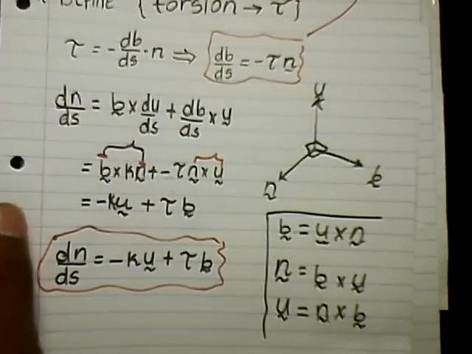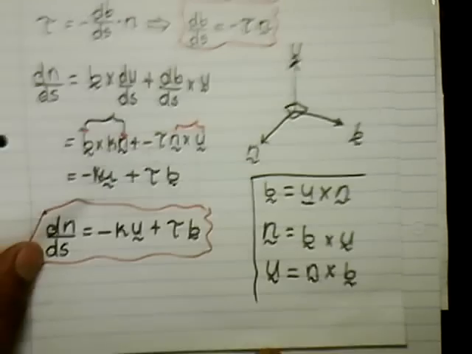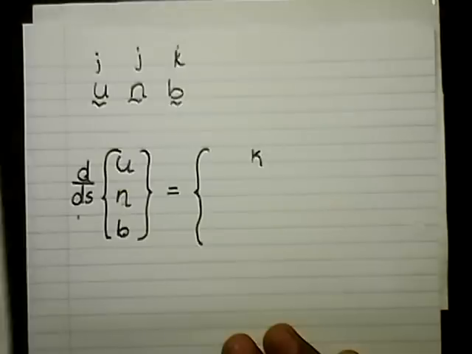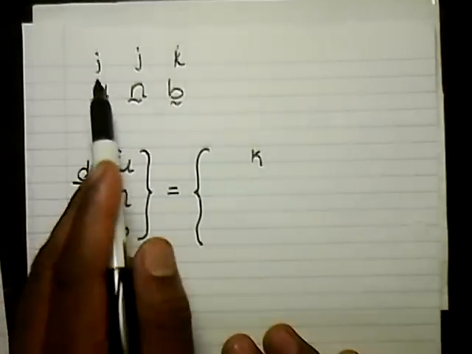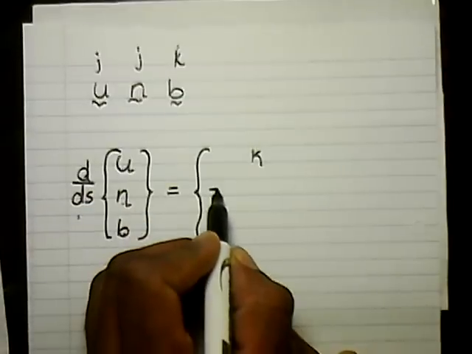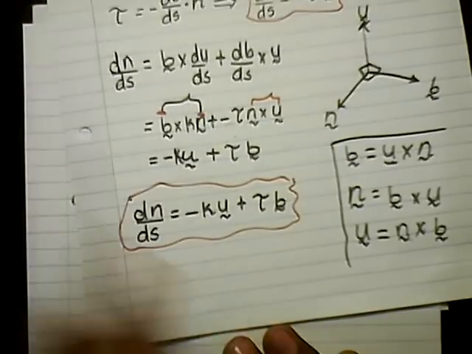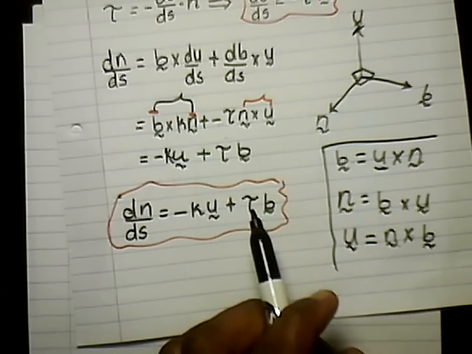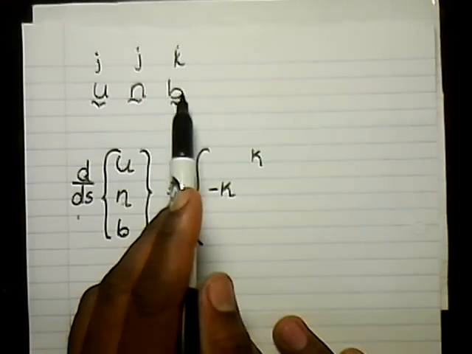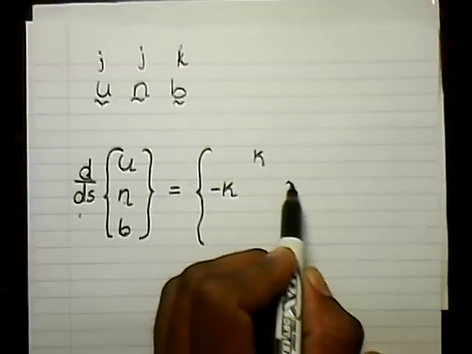Then we also have dn/ds. Checking this out, we have negative u plus tau b. We said that u is the ith column, so that means we're going to have a negative kappa here. Remember, we also have this portion of tau times the binomial vector. We said the binomial vector represents our kth column, so we're going to put it here as tau.